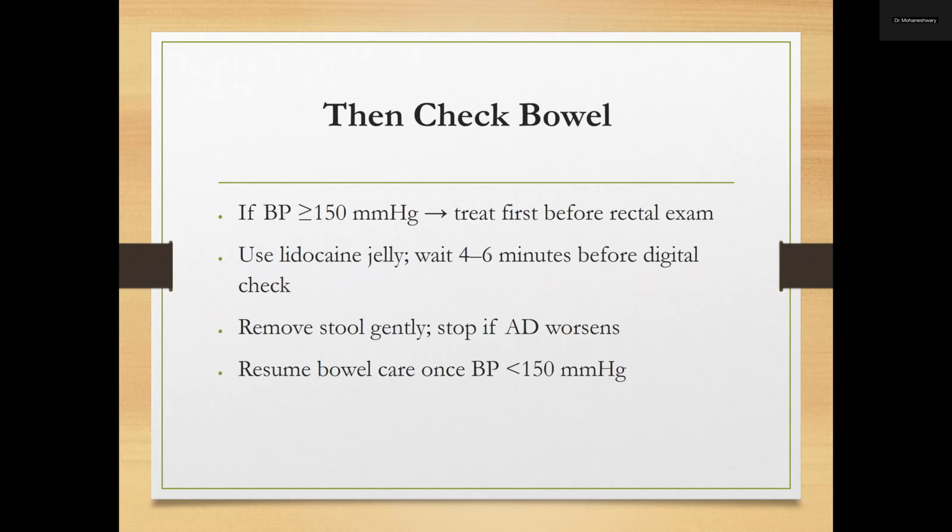While doing this procedure, you are also checking the blood pressure every 3 to 5 minutes. If the blood pressure increases, stop first. Wait for the blood pressure to come down and then gently remove again. Remember, if the AD worsens, meaning the blood pressure or the symptoms worsen, you have to stop the per rectum examination and removal of the impacted bowel.